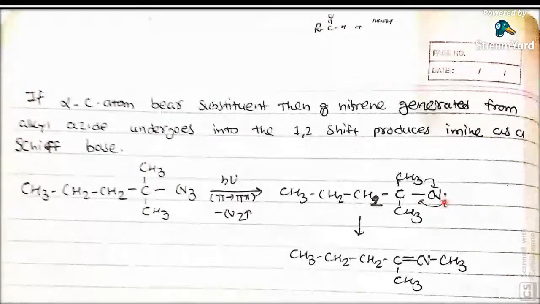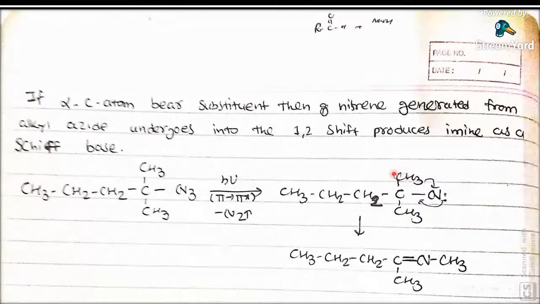Now what happens? One of the radicals will form a bond with this carbon, as a result of which the bond from these two radicals, as I have shown with the arrow upward, I will show you from this position, as this bond will have the two radicals. One radical from this bond will combine with this radical, and as a result it will get removed itself as CH3.